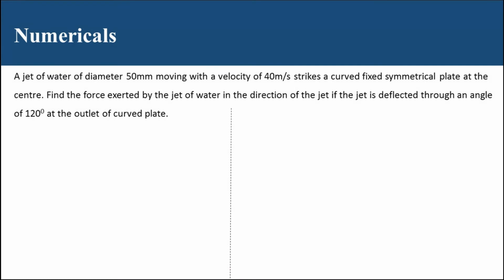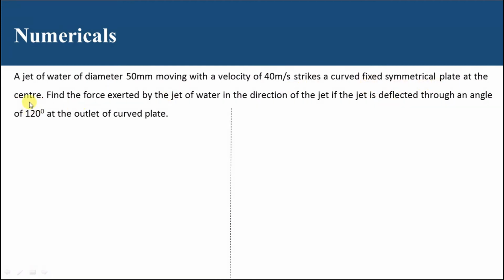So consider a jet of water of diameter 50 mm, that means the diameter is given to us, moving with a velocity of 40 meter per second. Remember, this 40 meter per second is the velocity before impact, so that is v. It strikes a curve fixed symmetrical plate at the center.